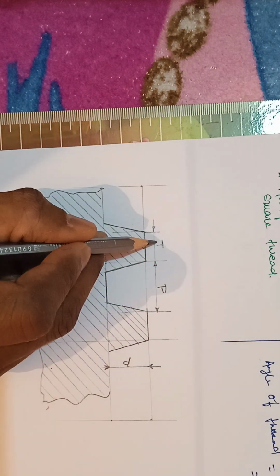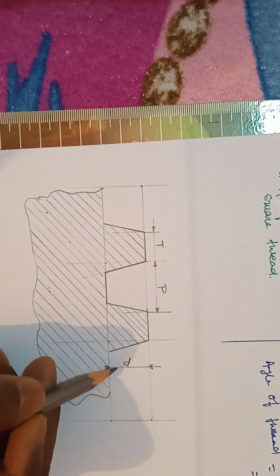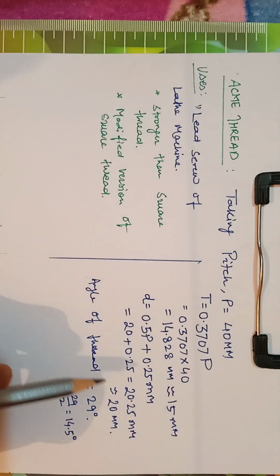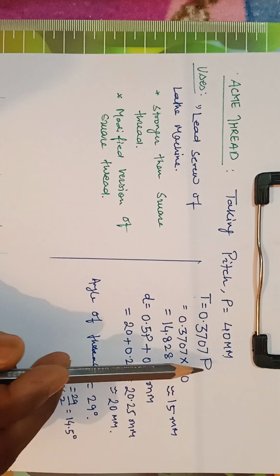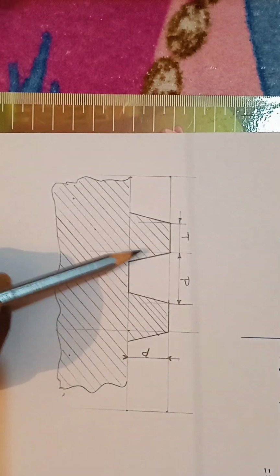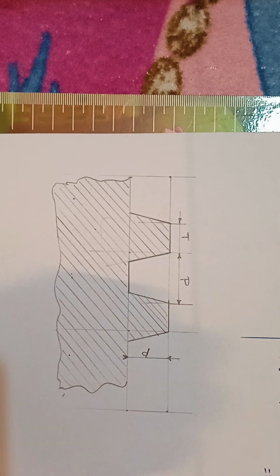So this is the pitch, this is the thickness and this is the depth. The calculation we have already done. So T, P and d: these values we have taken and marked on the thread. Now our Acme thread is completed.